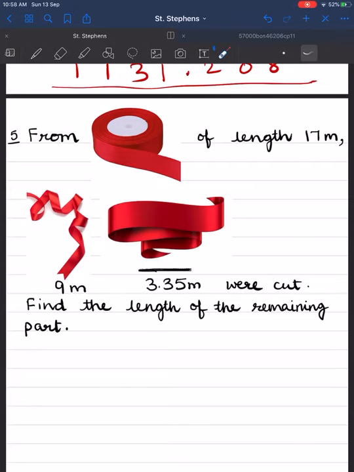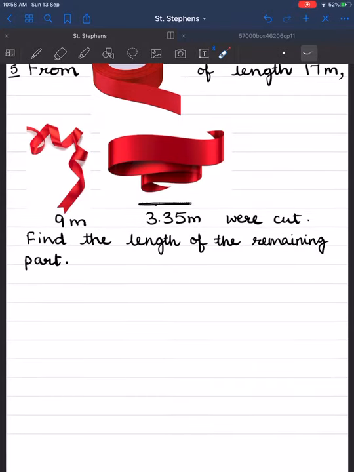So let's do it. So the length of the first ribbon is 9 meters. So let's convert it into a like decimal having 2 decimal places. So we get 9.00 meters, and we write the length of the second ribbon 3.35 meters and we add.